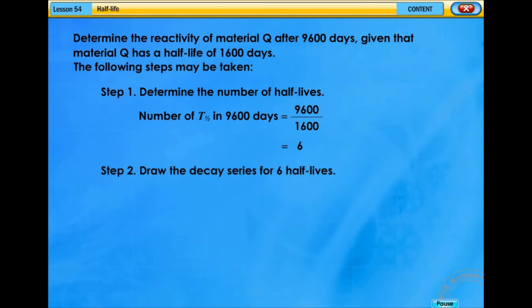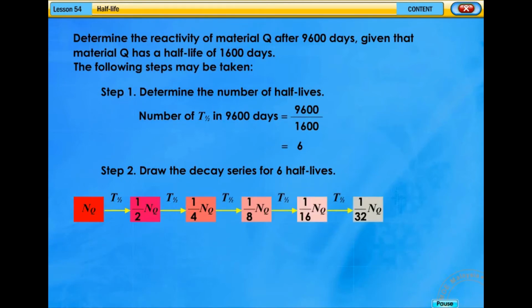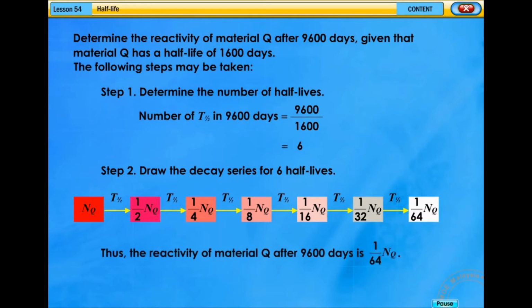Draw the decay series for 6 half-lives. Thus, the reactivity of material Q after 9,600 days is 1/64 NQ.